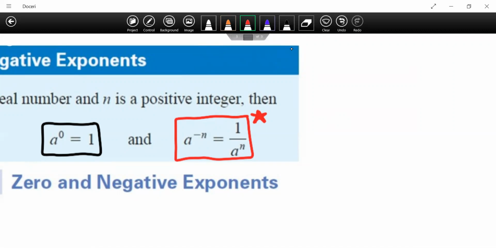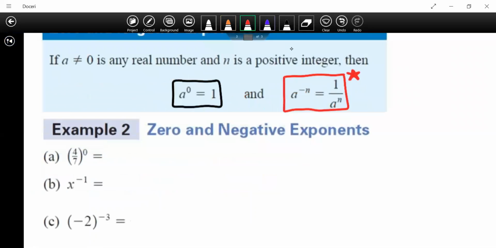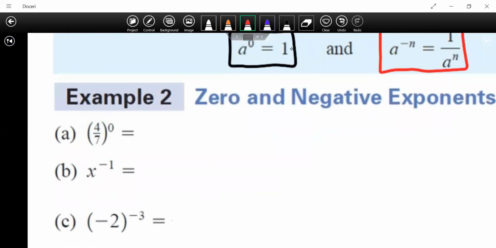Do you guys remember doing a lot of those back last year? Flipping them? When looking at our examples, the easiest one to do is letter A, not number A. Letter A. Anything raised to the 0 power is what? 1. Perfect. Simple and easy.